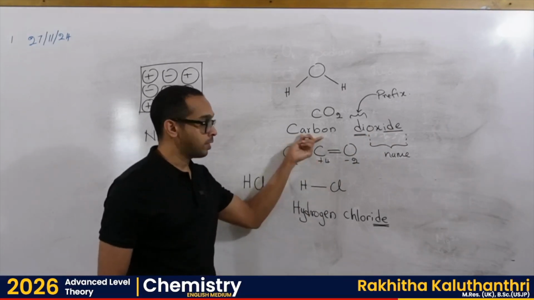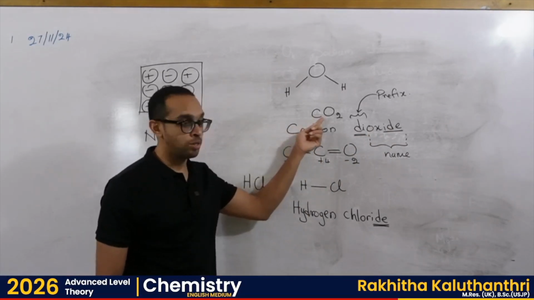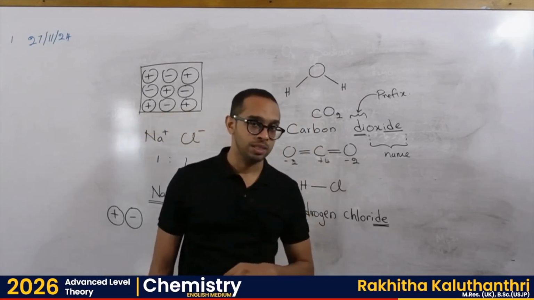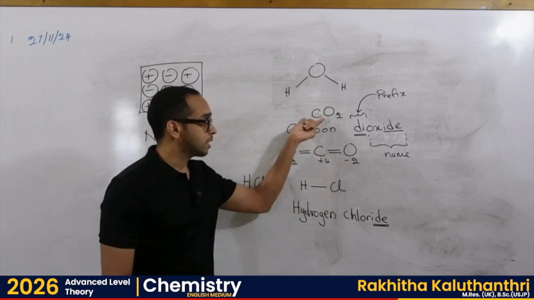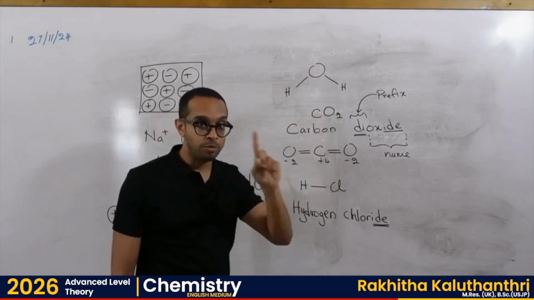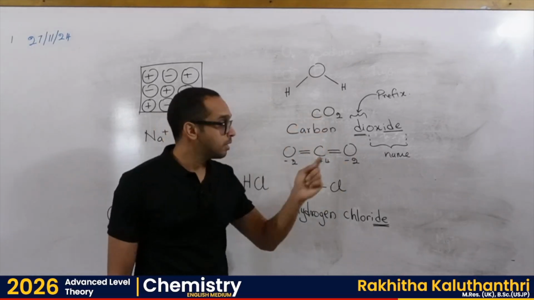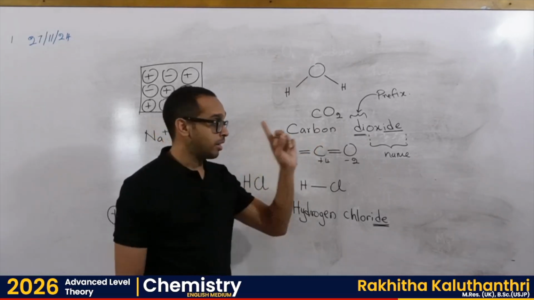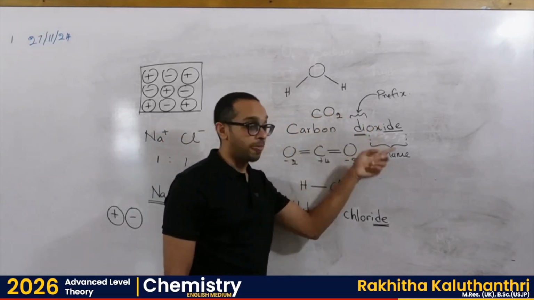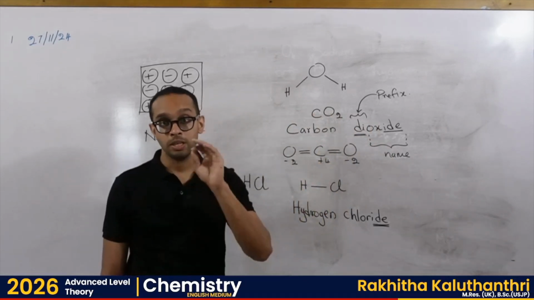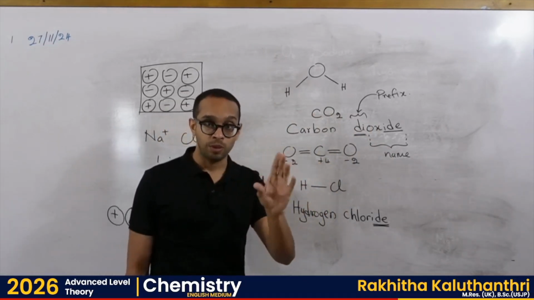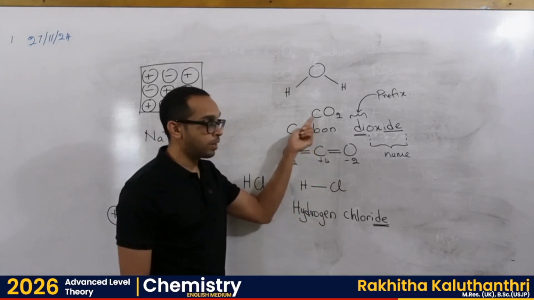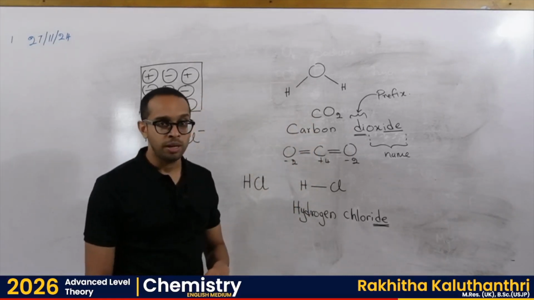Usually sometimes even the very first element has a prefix. Now in this case, since there's only one of the first element, we don't use prefixes. The very first element, the positive oxidation state element, if there's only one of it, we don't write a prefix. When it comes to the second element, from there onwards we'll definitely include a prefix, even if it's just one. When it comes to the very first element, if there's only one of it, we don't bother including a prefix.